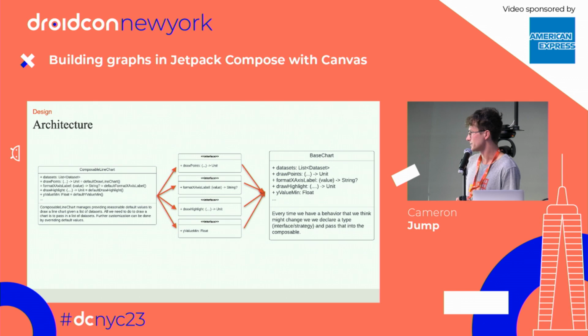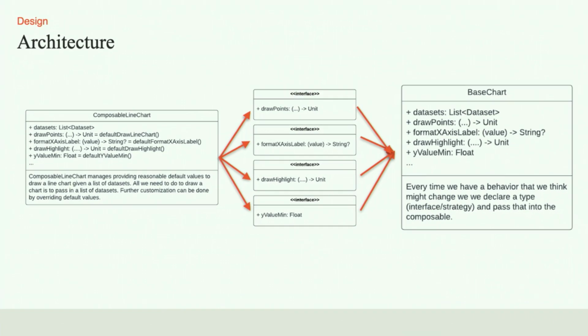By providing the defaults, you'll be able to easily have a line chart, but then be able to pass in different behaviors when you want something different. So the line chart is providing reasonable defaults in a line chart manner. And you're seeing these interfaces in quotes in the middle, and the composable line chart is implementing them and passing them forward.